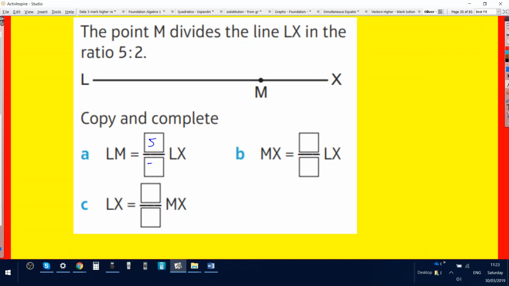B would be 2/7 X. And then 7/7. So this one here, make LX the subject.